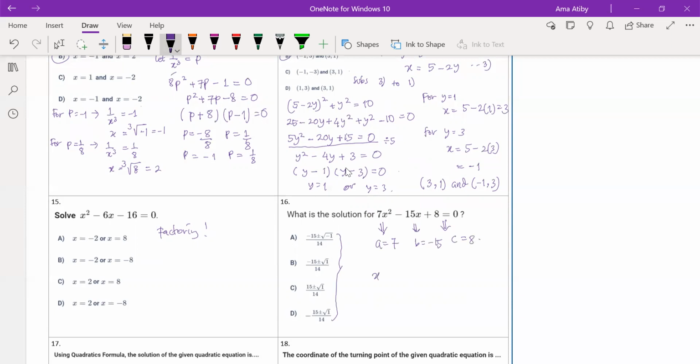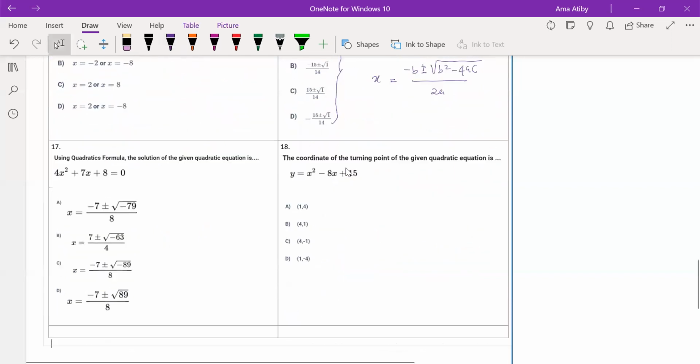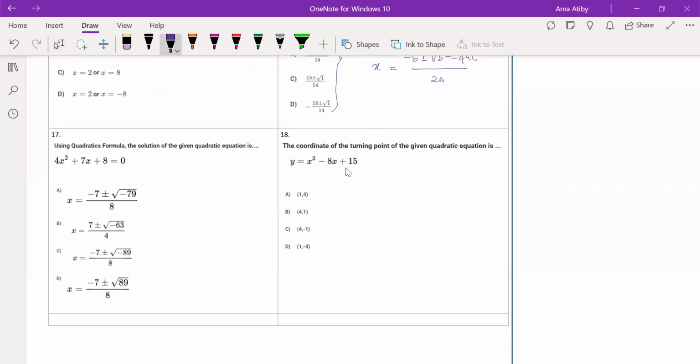Just use the formula, minus B plus or minus square root of B squared minus 4AC, over 2A, and then you will get one of the options. I'm not going to discuss that further. And this one as well, you just need to apply the formula to find the answer.